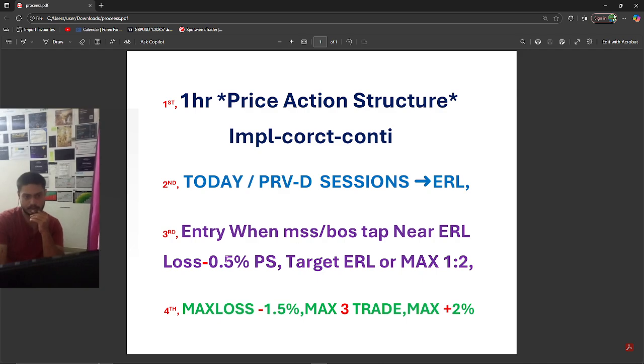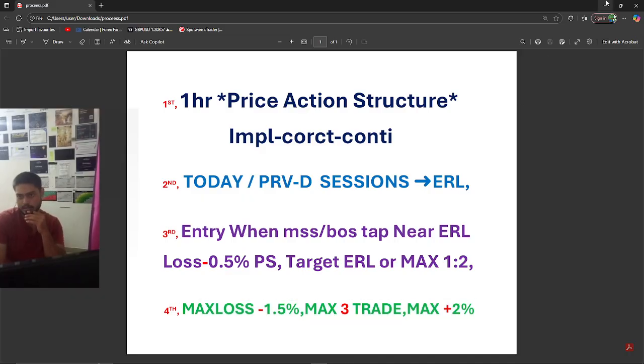You can just take the trade on this sub 2 entry model, have loss per trade as 0.5% and max 1:2. Don't take more than 3 trades a day, because you can get 3 consecutive losses in a row. So if you get 3 consecutive losses in a row, you're done for the day, right? And if you make already 2% on the first two trades, you're also done for the day.